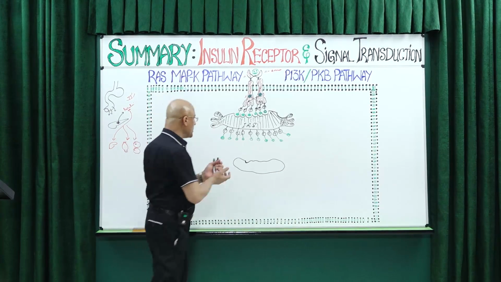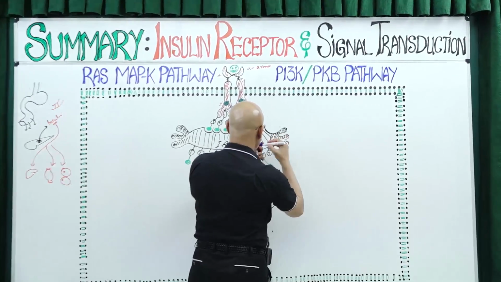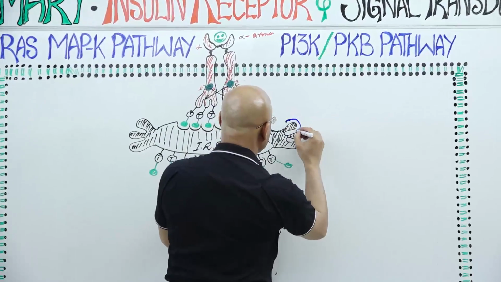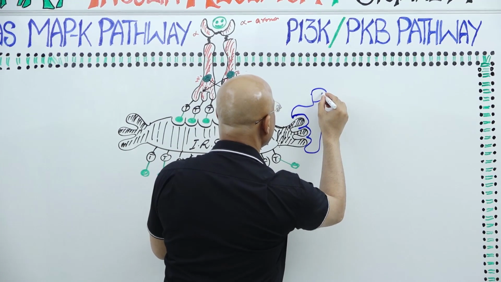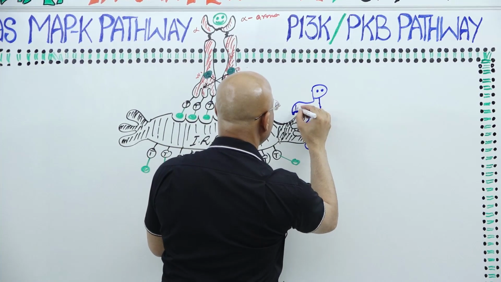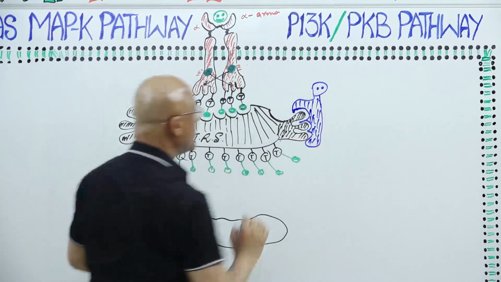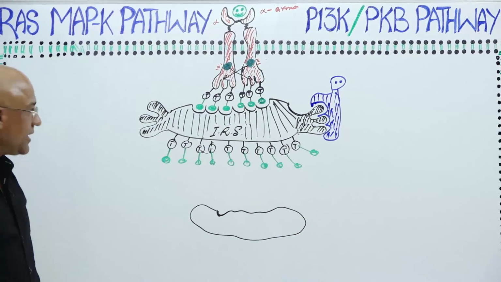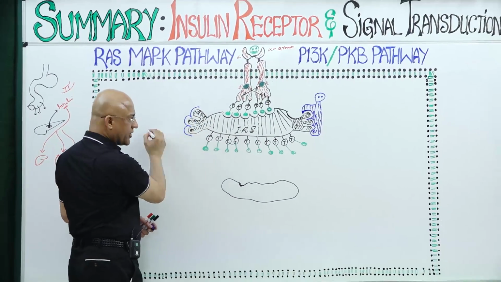So a Tarzan protein will come here, and this Tarzan protein will bind over here, right? Very happy. And another protein will come on this side. That I will discuss later.